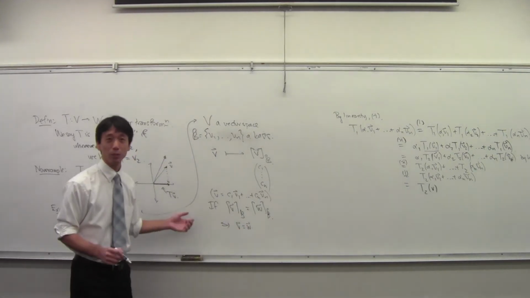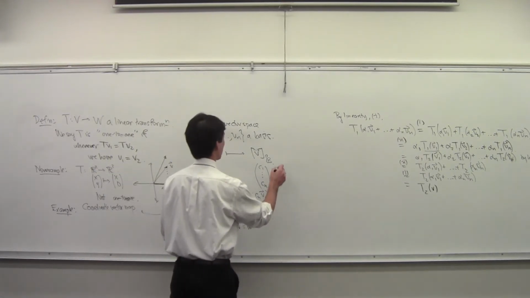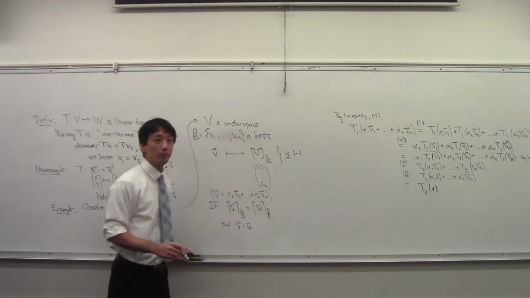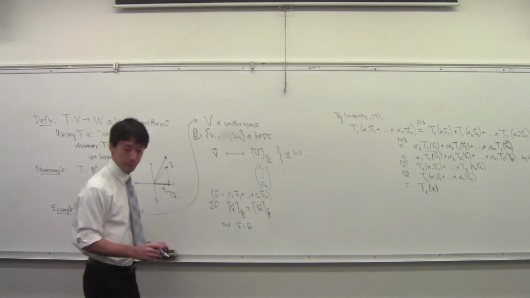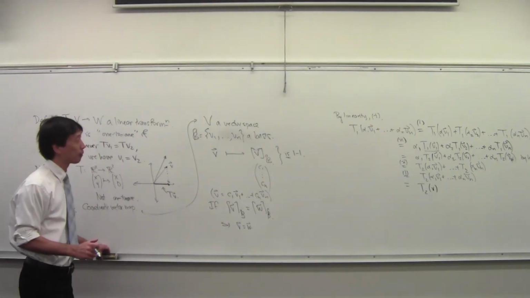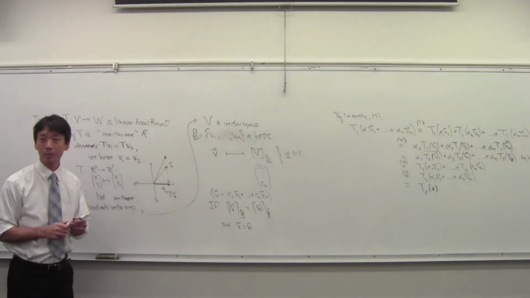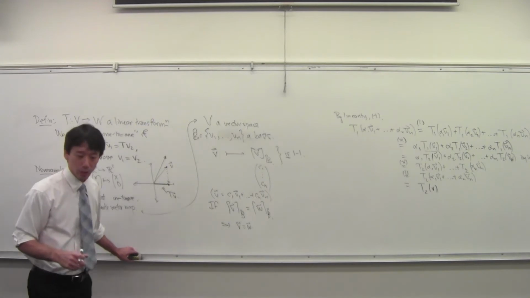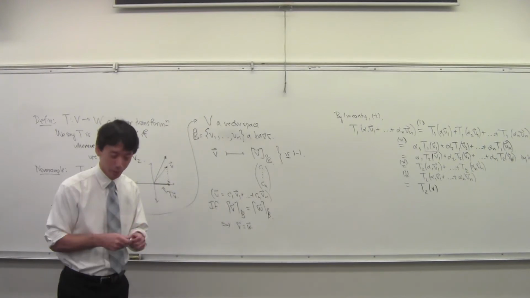So this is a one-to-one map. Everyone getting some idea of what one-to-one means?